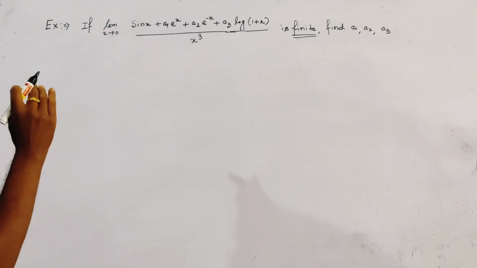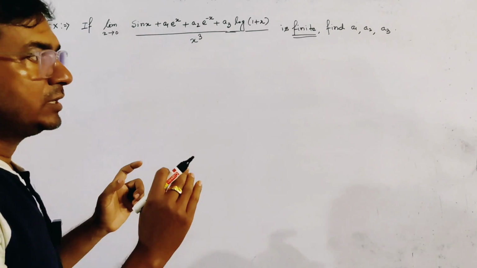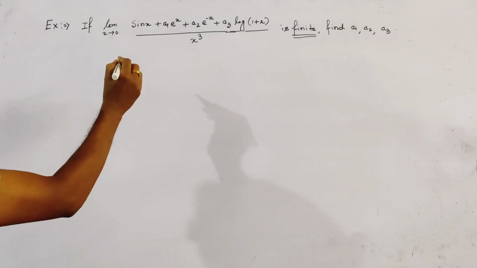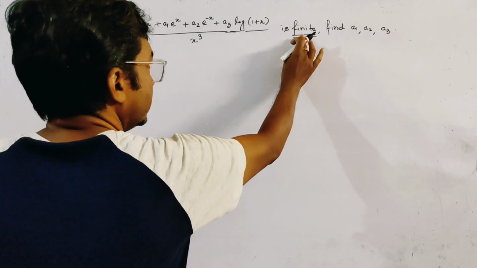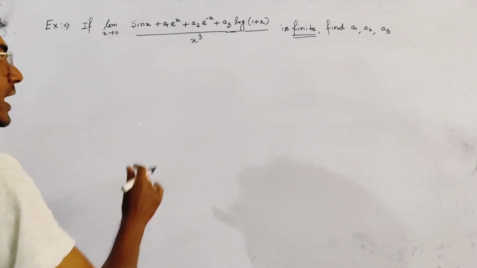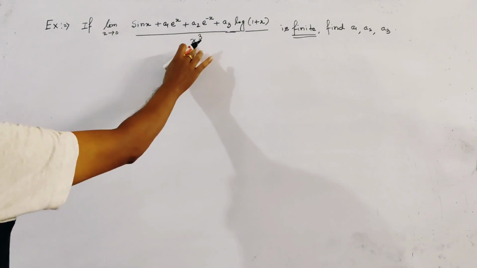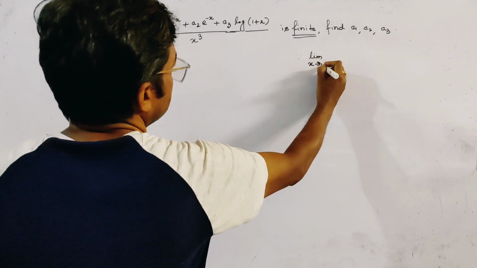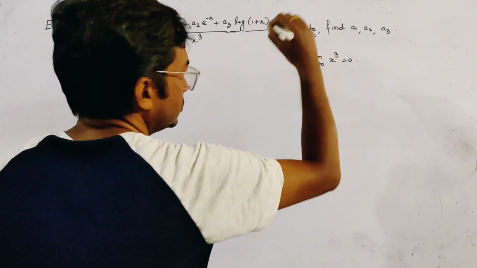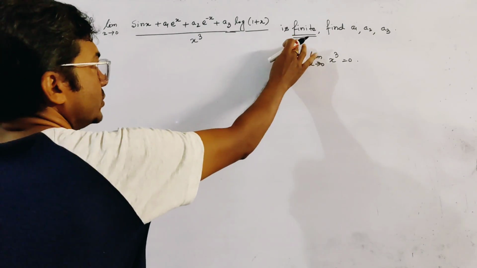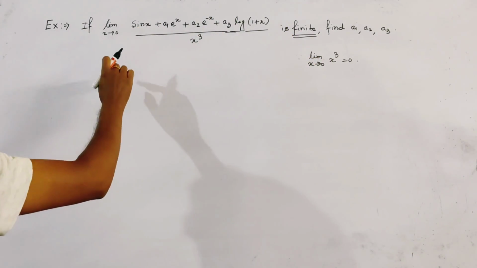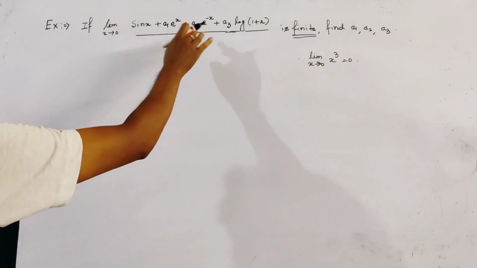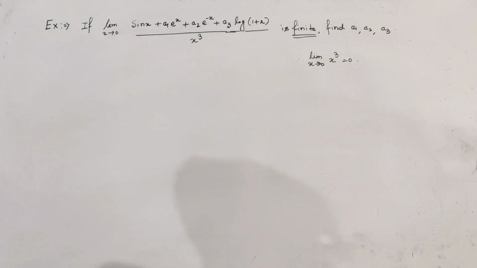This is a beautiful application of L'Hospital rule. Since the limit is finite and the denominator x cube tends to 0 as x tends to 0, the limit of the numerator must also tend to 0 as x tends to 0.